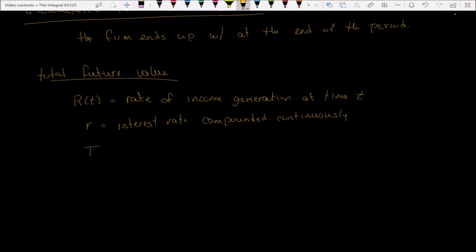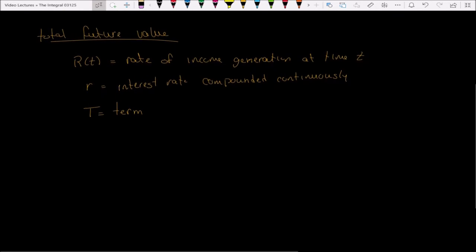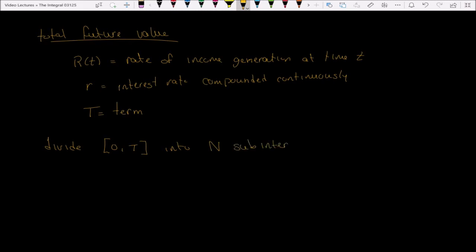And capital T will represent the term of the income stream. What we're going to do is divide the interval 0 to capital T into capital N subintervals. Each subinterval has equal length delta t, which will of course be capital T over capital N.